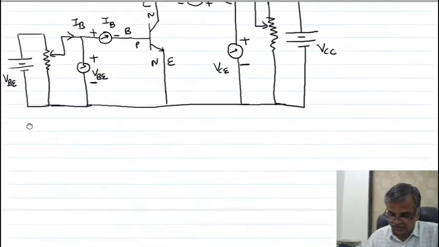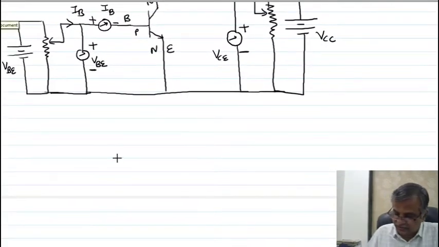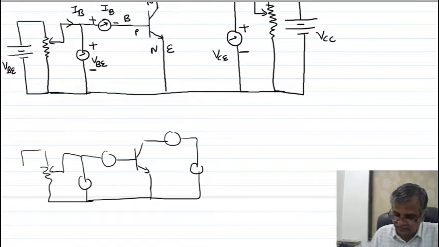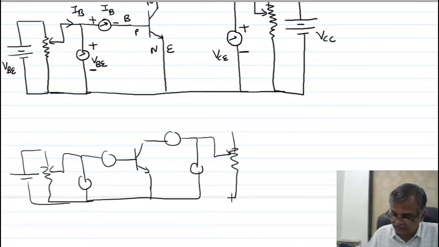For your better understanding, I am telling you, do not cram. This is one current meter, one voltmeter, one current meter, one voltmeter. Then this is your potentiometric circuit.